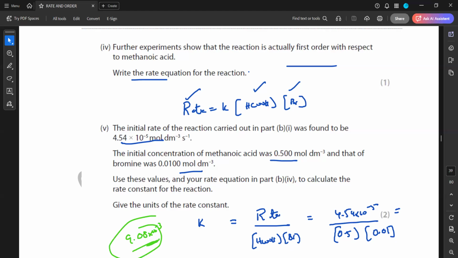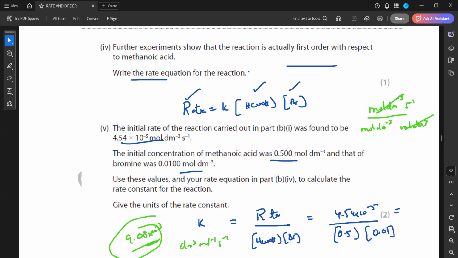But we also need a unit. What about the unit of k? The unit of the rate is mol dm^-3 s^-1. The unit of concentration is mol dm^-3, and the unit of the second concentration is also mol dm^-3. So these cancel out with the rate's mol dm^-3, and the rest goes to the numerator. So this becomes dm^3 mol^-1 s^-1.